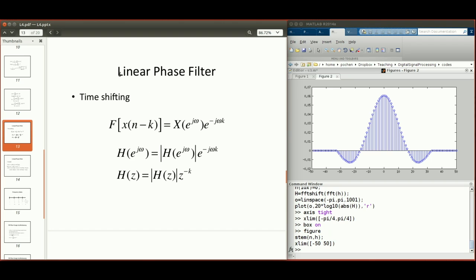So let's try to understand what linear phase filters are. When we talked about the various properties of the Fourier transform, we emphasized this time shifting property. The Fourier transform of a shifted signal, where x[n] is the original signal and x[n minus k] is the original signal shifted by k units to the right, equals the Fourier transform, big X, of the original signal multiplied by e to the minus j omega k, where k is exactly the amount of the shift.